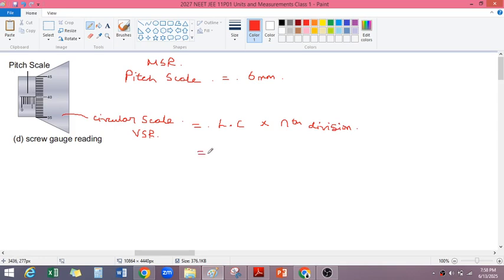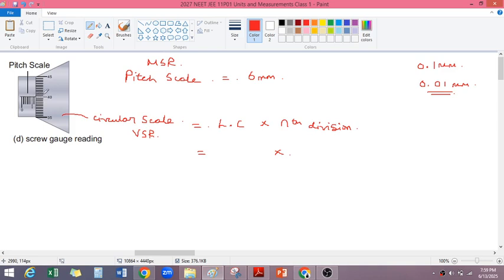The least count of a Vernier usually will be 0.1 millimeter; a screw gauge usually 0.01 millimeter. There are different Vernier scales and screw gauges, so this value will depend upon the instrument. I'm guessing this might be the value, but we'll see. We'll come to that. Nth division, let's see.